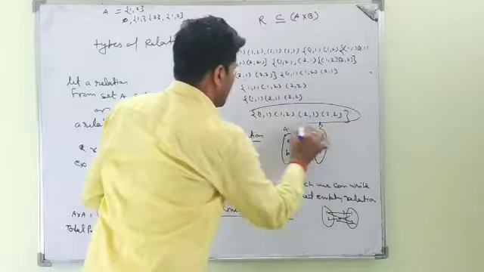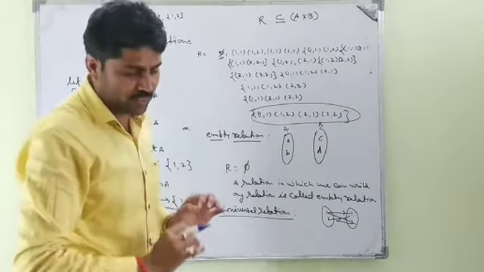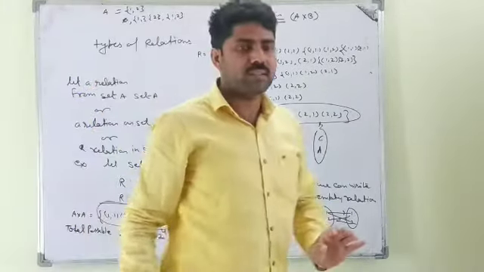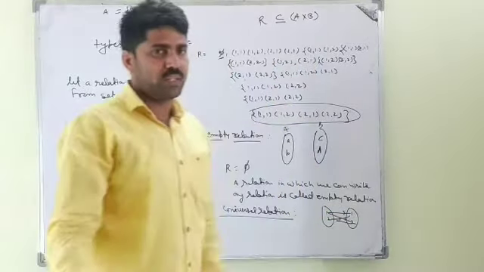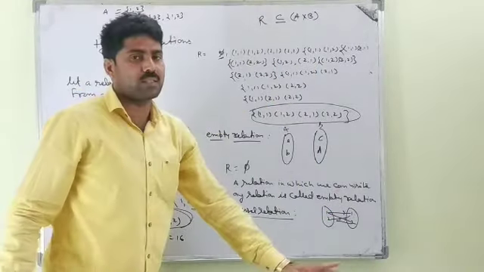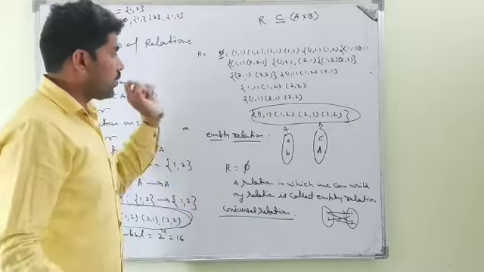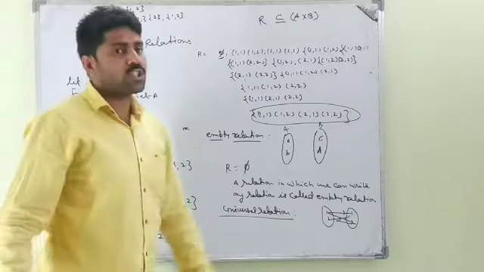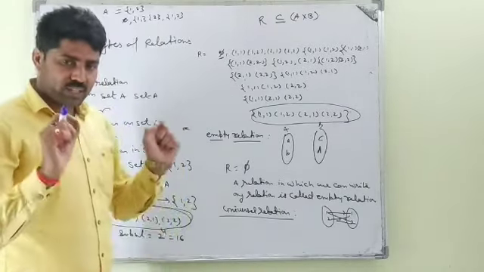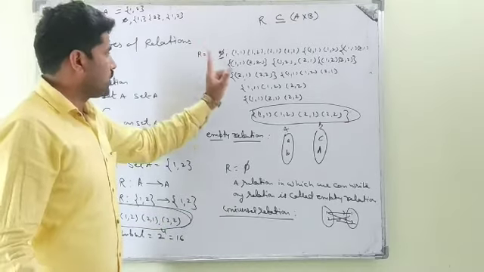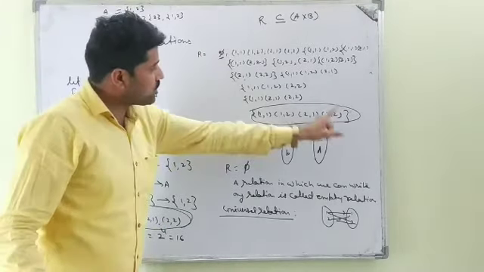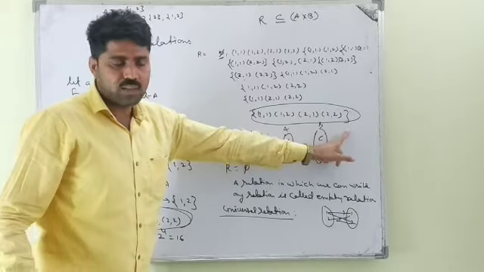So this completes it. And a very important thing: when we are writing the subsets of A cross B, that means we are writing the possible relations. The one word I am using is the extreme corner. Extreme corner means just the beginning and just the ending, the leftmost and the rightmost.